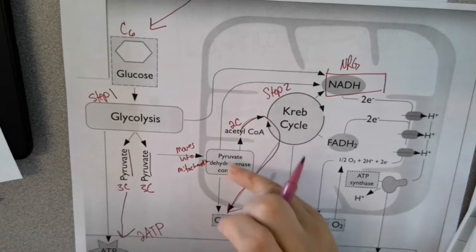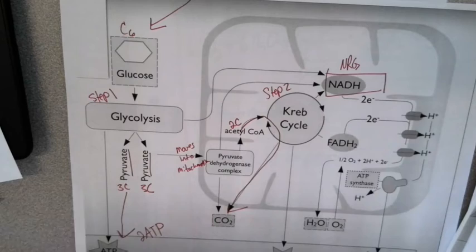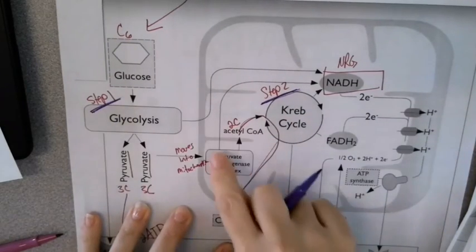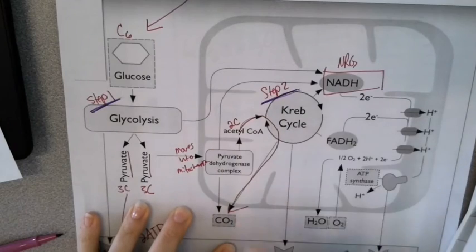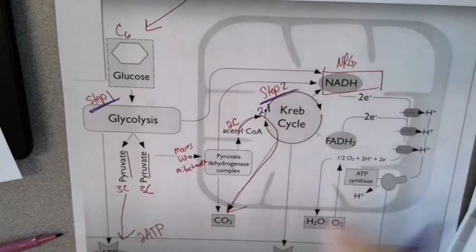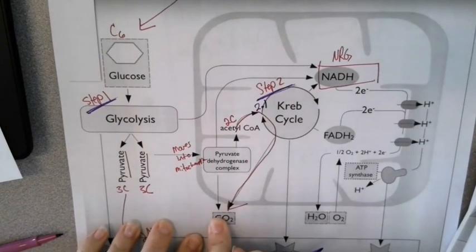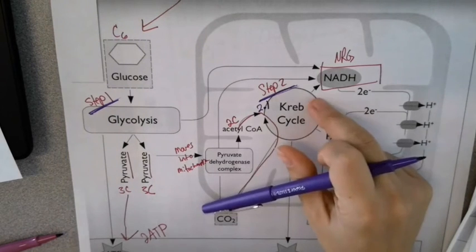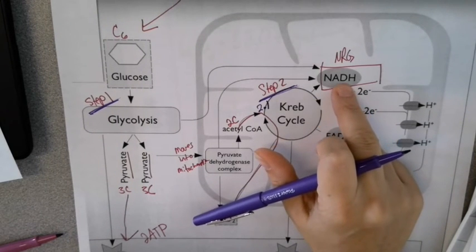So this is only one part. So let's go ahead. I have step 2, step 1. This part of our Krebs cycle, I'm going to label as 2.1 because this is still part of the Krebs cycle, but it's happening simultaneously as other parts. So within our Krebs cycle, we also have NADH being formed.